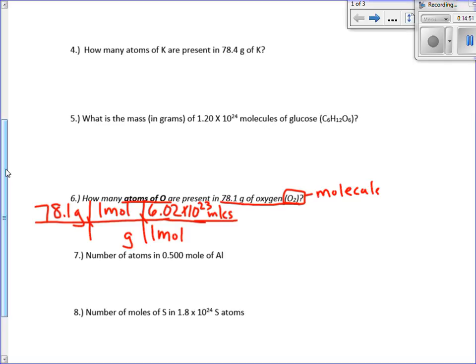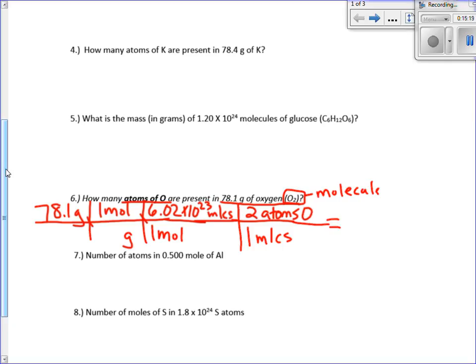Now this is where the added extra step goes. If you look at O2, how many atoms of oxygen are in a molecule of O2? How many actual atoms are in O2? 2, right? Okay, so far so good. So we could add on one little added extra step where we put one molecule equals 2 atoms of O, right?